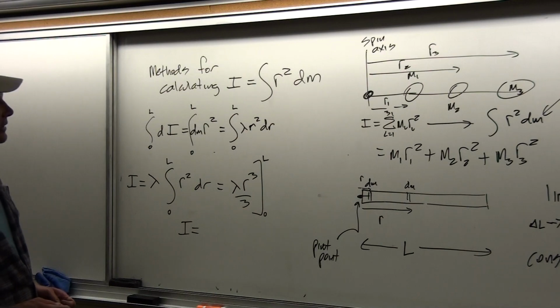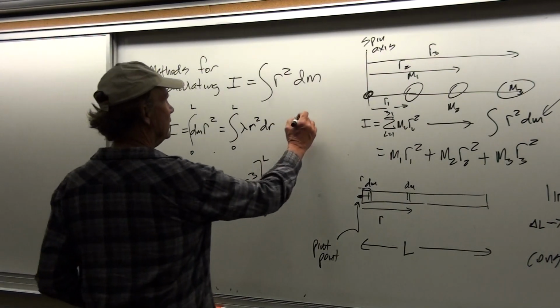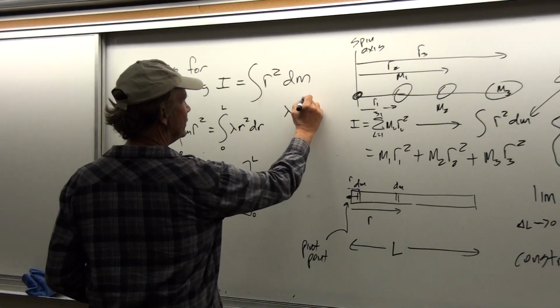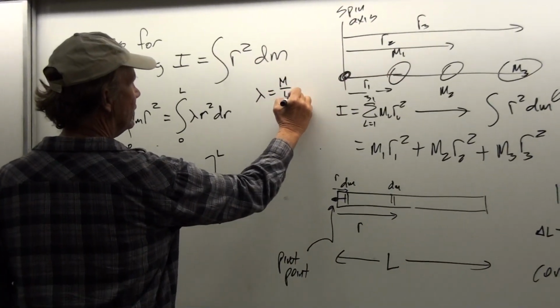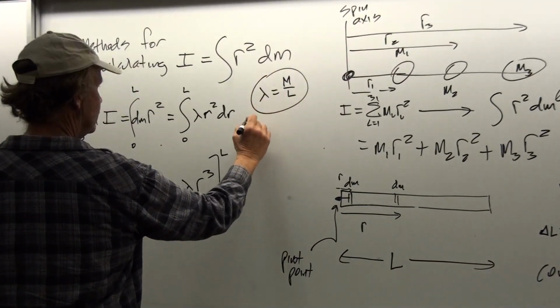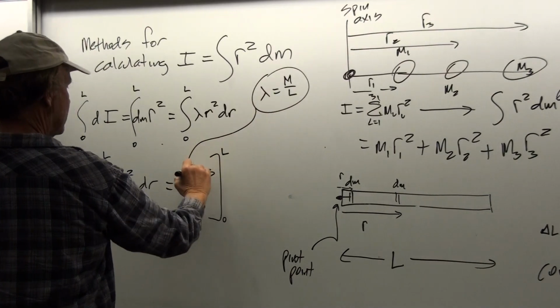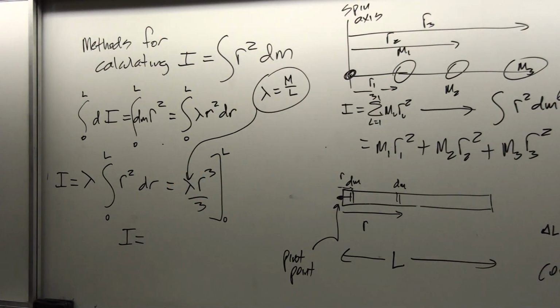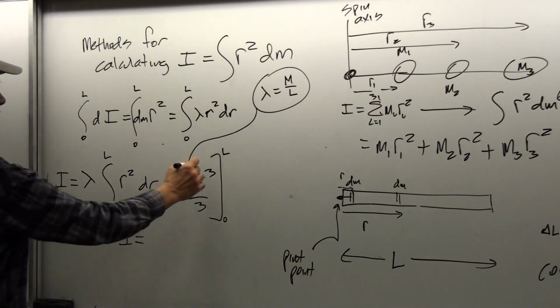Well, remember that lambda is also equal to total mass divided by total length. So that's what you do to get lambda back into quantities that we're interested in this problem.